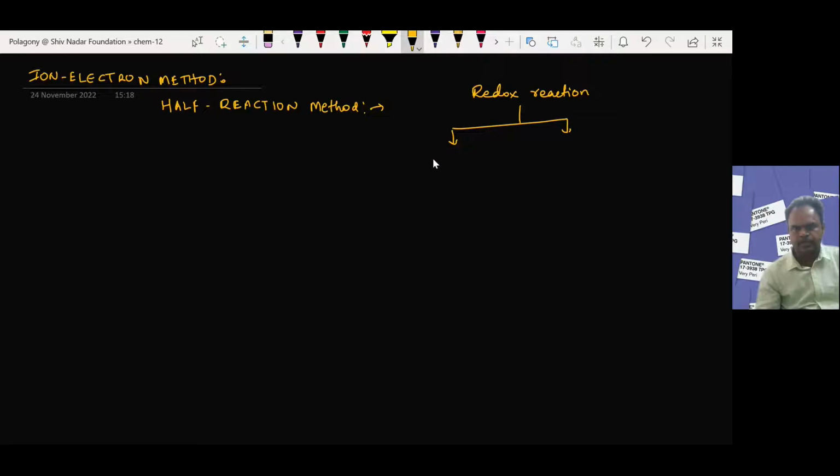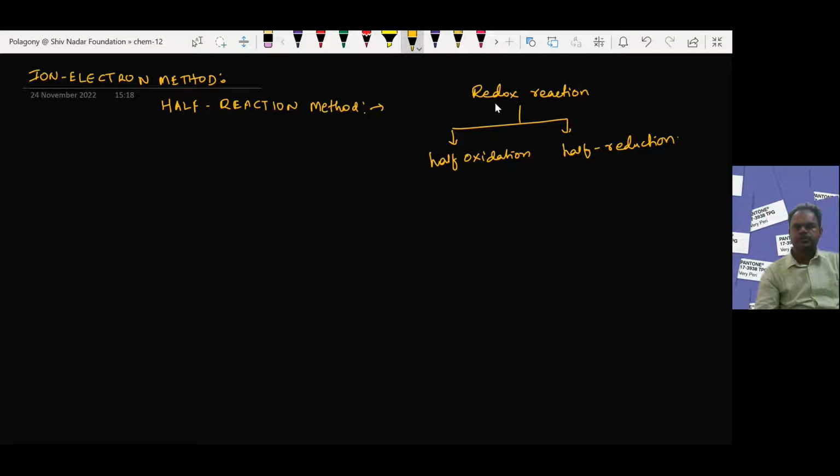One part is called half oxidation and the other is half reduction. Half oxidation and half reduction together make the complete redox reaction.